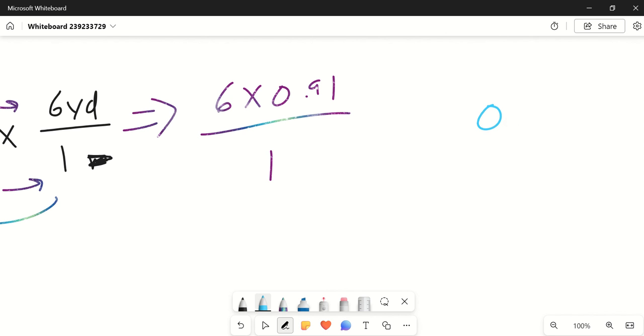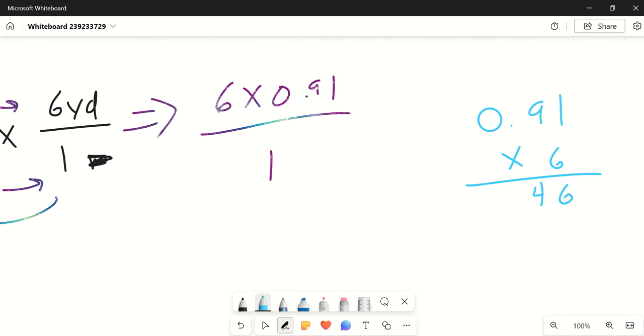You want the longer of the 2 numbers on top, and we're ignoring the decimal. 6 times 1 is 6. 6 times 9 is 54, because 6 times 10 is 60 minus 6 is 54.